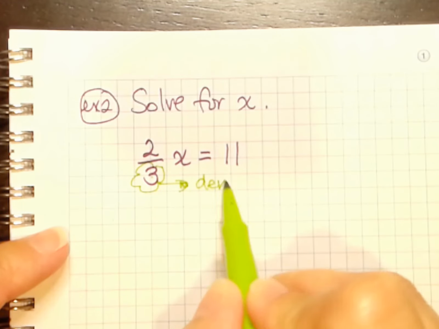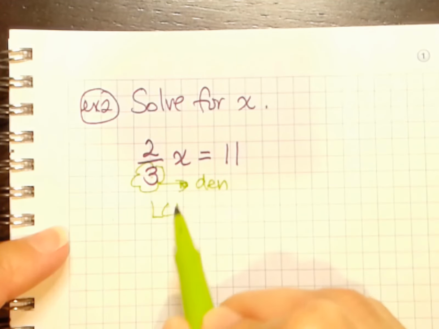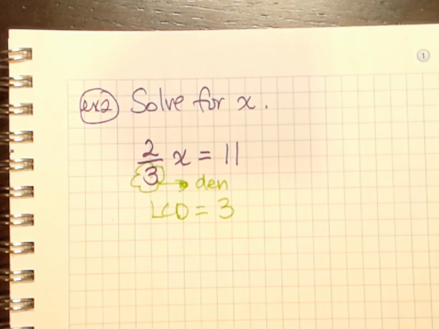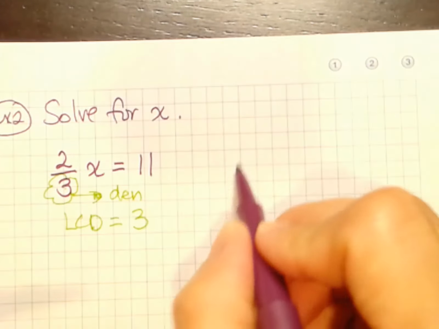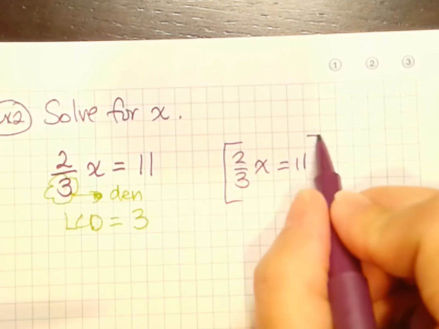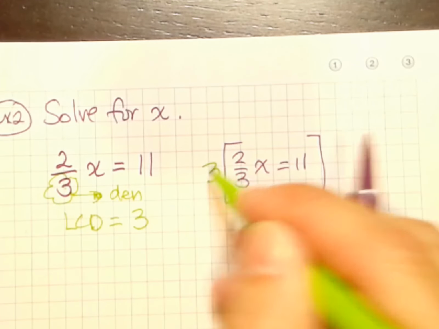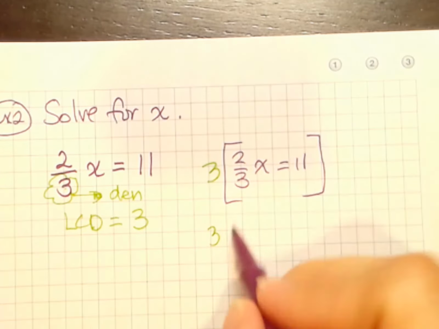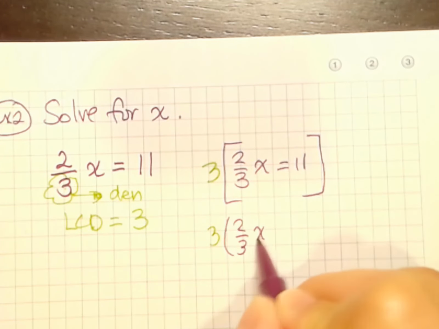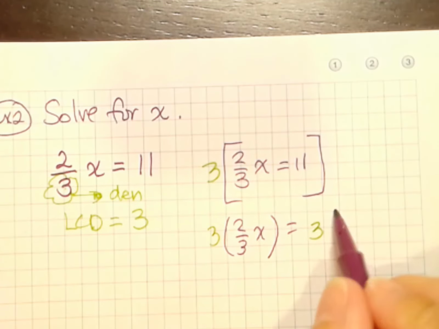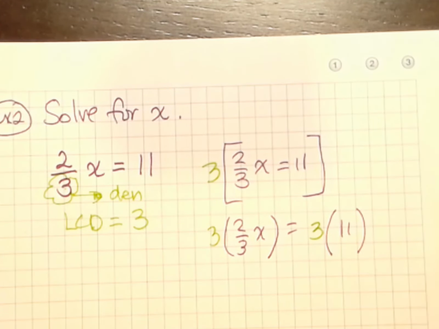It's 3. So that tells me that my least common denominator is going to be 3, because it's the only denominator that I have. So I'll take that original equation, 2/3 x is equal to 11, and I'm going to multiply it by 3. So I'm going to multiply 3 times 2/3 x equals 3 times 11.